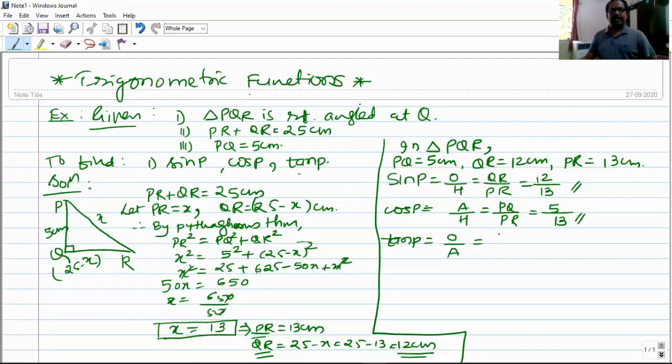So opposite side to the angle P is QR and the adjacent side to the angle P is PQ. So QR by PQ is the ratio of tan P, right? The definition of tan P is QR by PQ. How much is QR we have? QR is 12 and PQ is 5 centimeters. So in this way we have the value of tan P also.